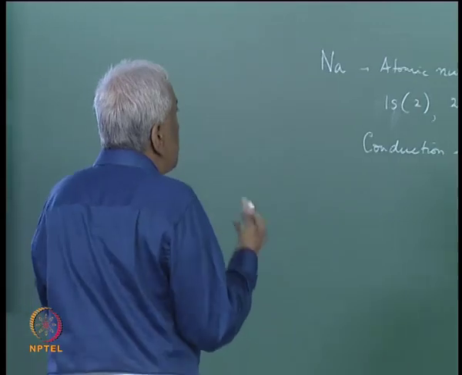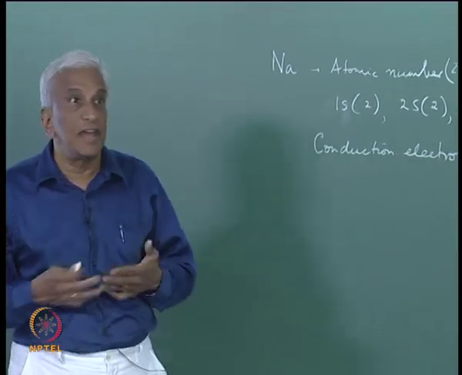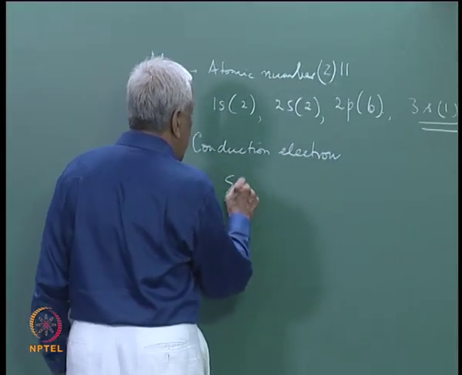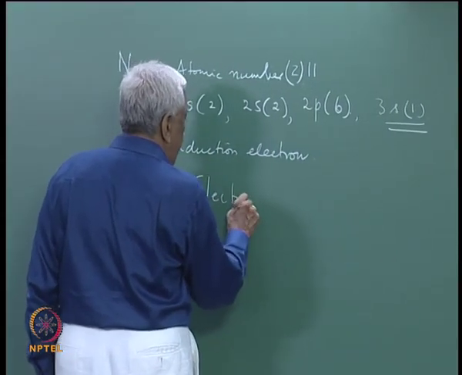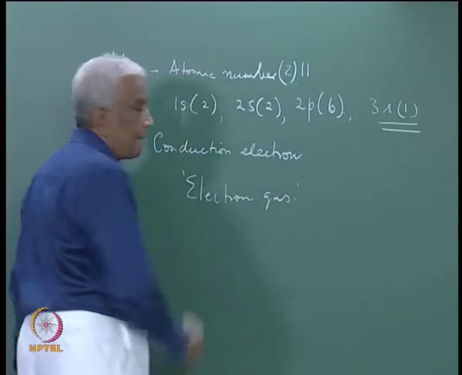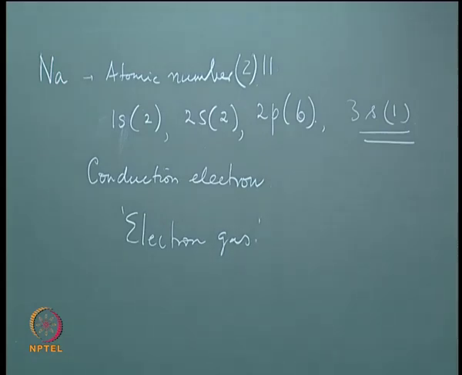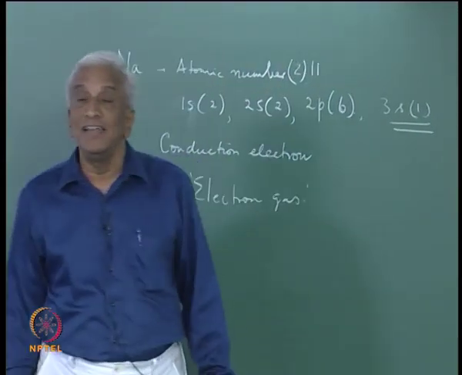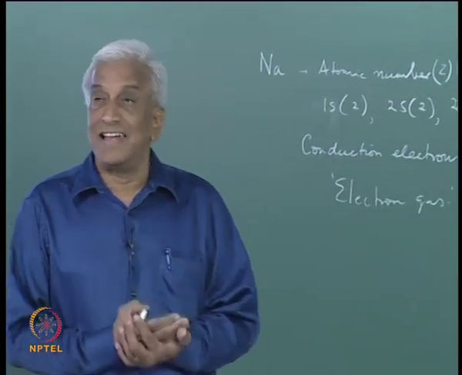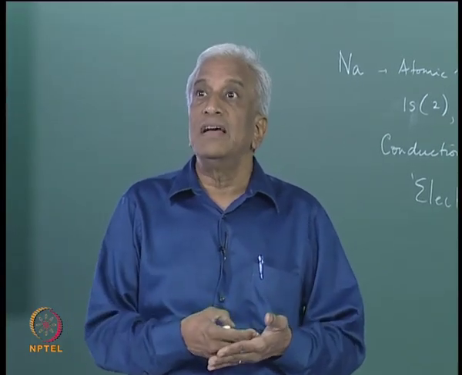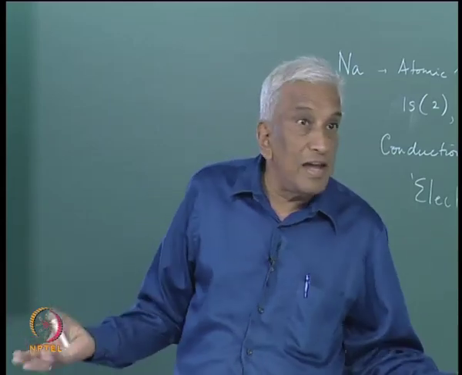So, it is very much like the atoms and molecules in an ideal gas. One speaks of an electron gas in this case. This means that even though the metal is a condensed system, a solid, the electrons inside it are behaving very much like the atoms and molecules in an ideal gas.